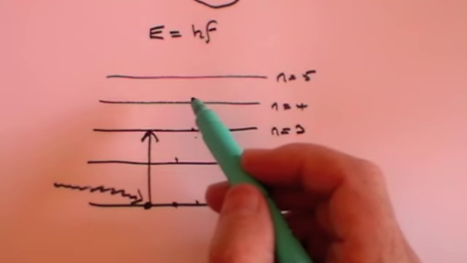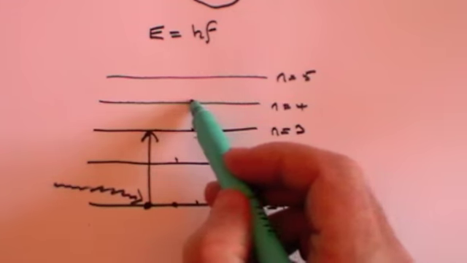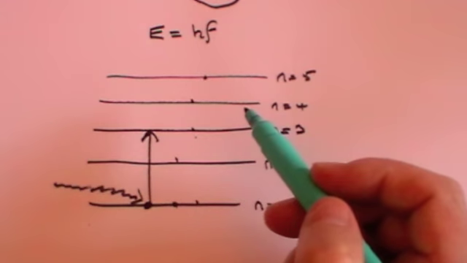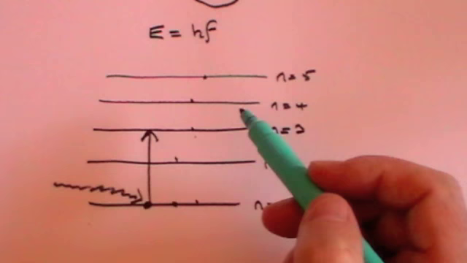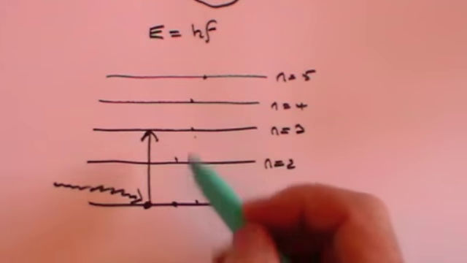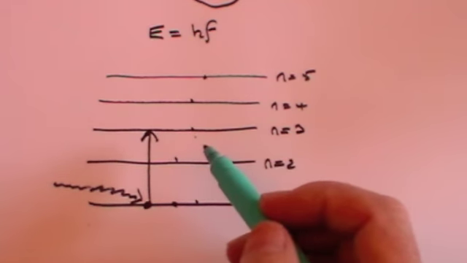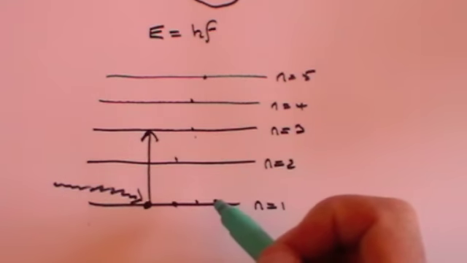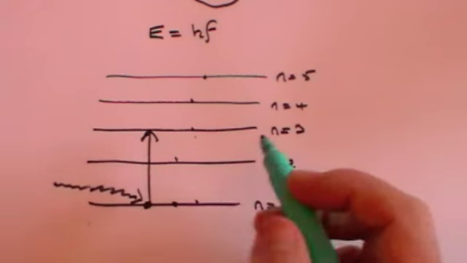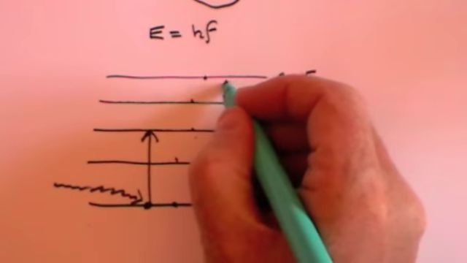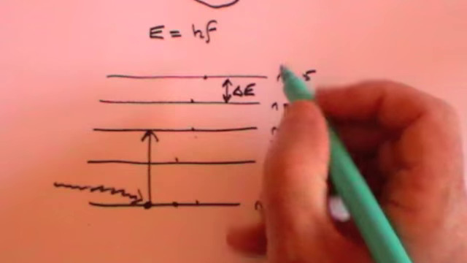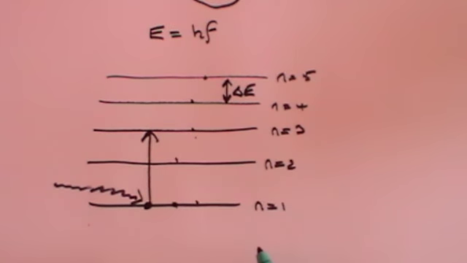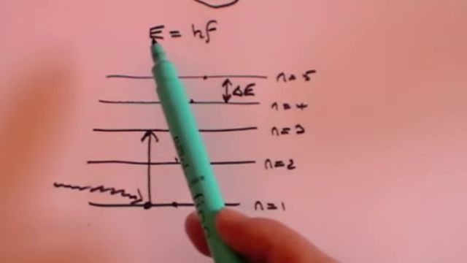Whereas at higher levels, you can promote an electron from this level to this level using infrared radiation. And in the middle, visible light will do the trick. So it rather depends on how close the levels are together, in other words, how big the energy gap is, call this delta E. However big the gap is between the energy levels determines how much energy the incident photon needs to have.